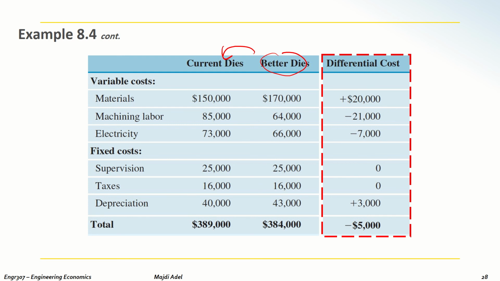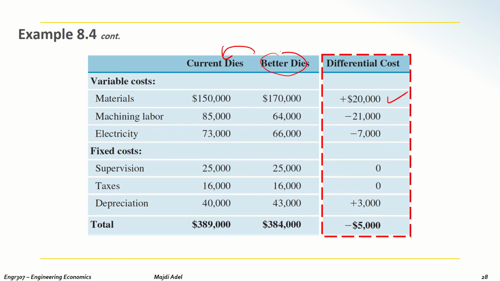You can define it the other way, but you have to pay attention to the signs. So if we define it this way, the alternative minus the base case, or the option minus the base case, I will have savings.